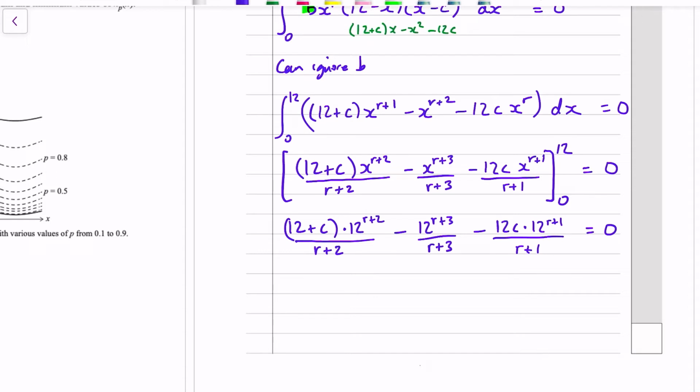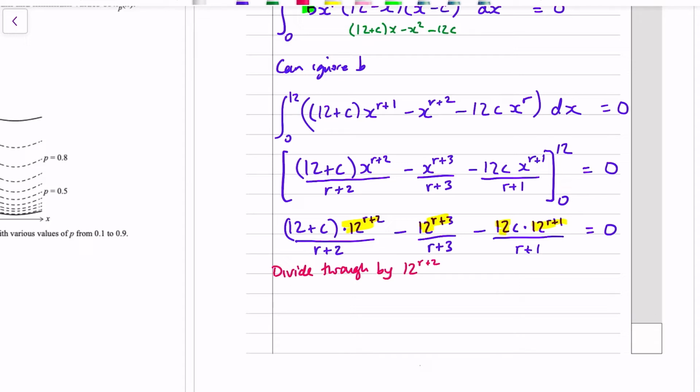Now, in each of these 3 terms I'm just highlighting, there are some 12s that we can get rid of. There's another one there, actually. Divide through by 12 to the r plus 2.